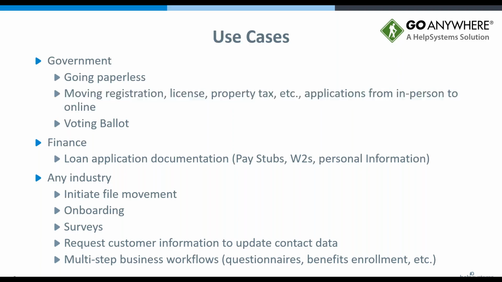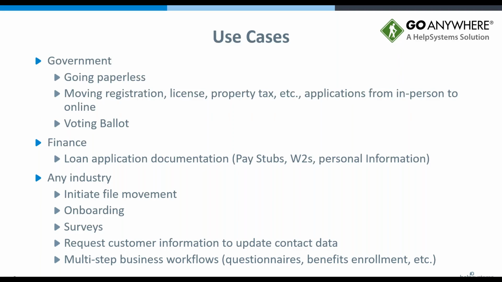That opened up a whole other avenue for our customers to use secure forms, not just for one single submission and then the workflow doing things, but as Scott showed you earlier, for a multi-step process where multiple forms may be involved. Now you've got the logic of GoAnywhere's advanced workflows that can route you to the relevant next form. So this really opens the door to much greater business process automation.